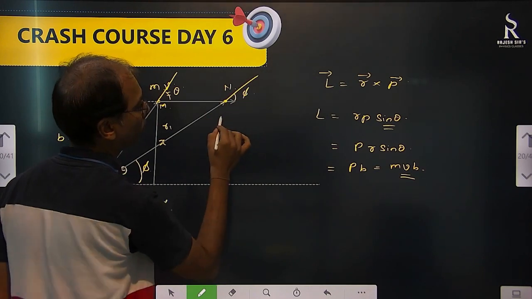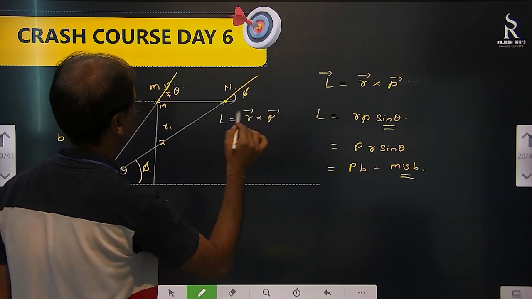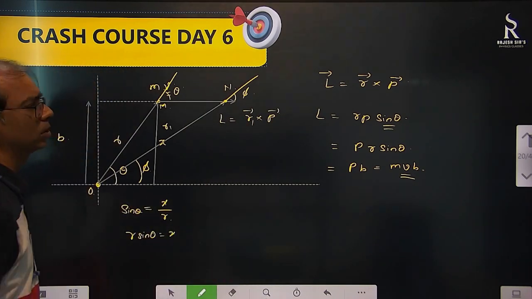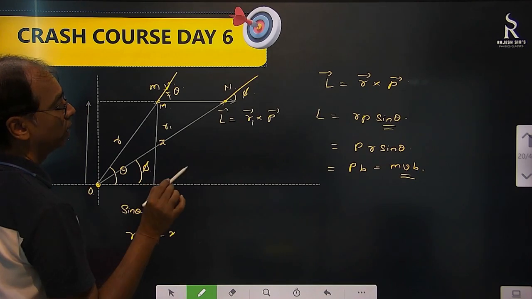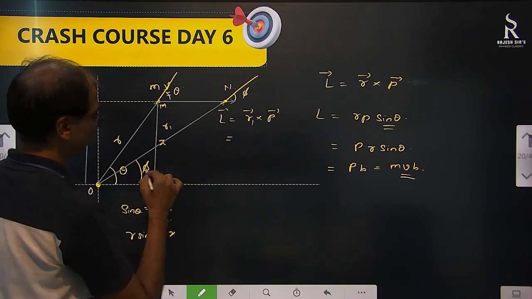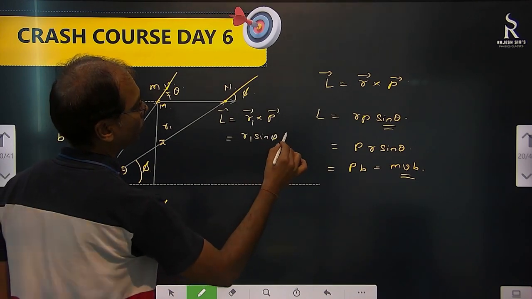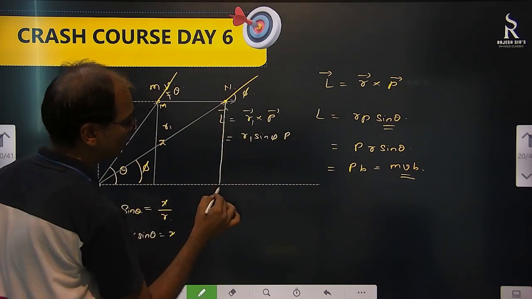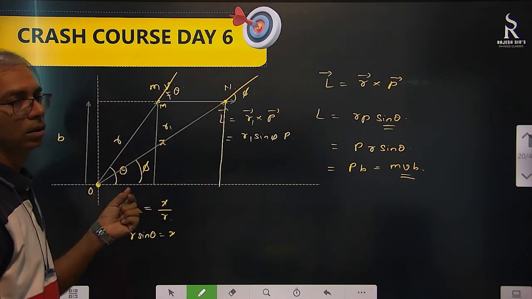So what is angular momentum here? Angular momentum is r cross p, but this time it is r1. So r1 cross p. Now r1 sine phi into p. What is r1 sine phi? This only. Sine phi equal to this by r1.